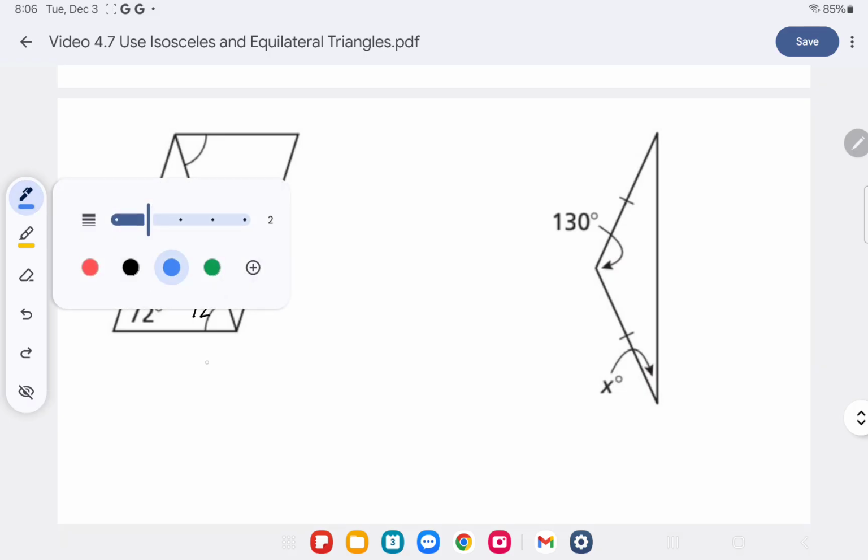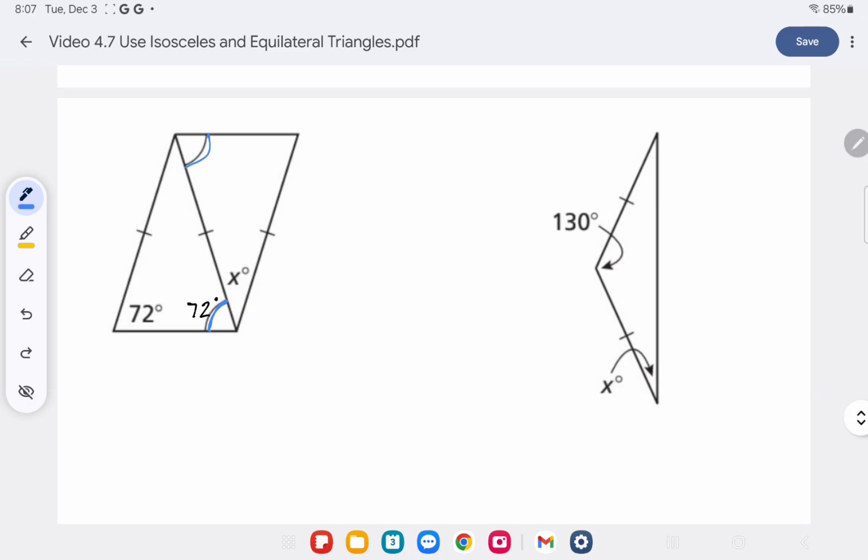And then notice this angle is marked as congruent to this angle, which means that this angle up here is also 72 degrees, since they're marked as congruent. The triangle on the right is also isosceles because two sides are marked as congruent. So because these two sides are marked as congruent, the angles across from them must also be congruent, which means that this angle is 72 degrees.